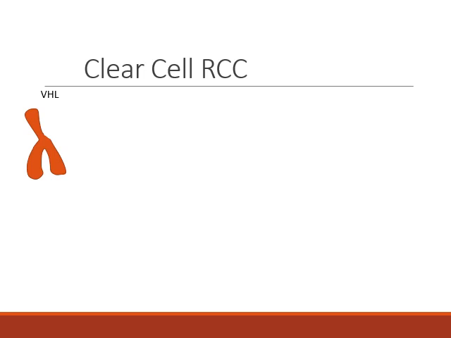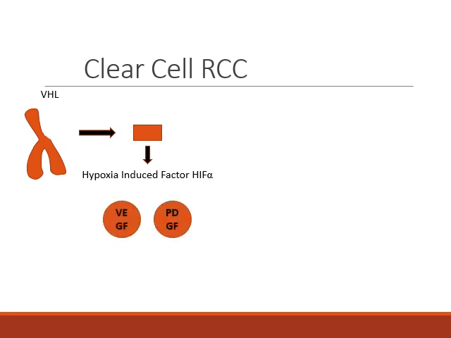Now, what does the VHL gene do? It codes for a protein, and this protein, in the presence of oxygen, will degrade something called hypoxia-inducible factor alpha. What is HIF alpha and why does it need degrading? HIF alpha causes transcription of lots of pro-angiogenic factors.